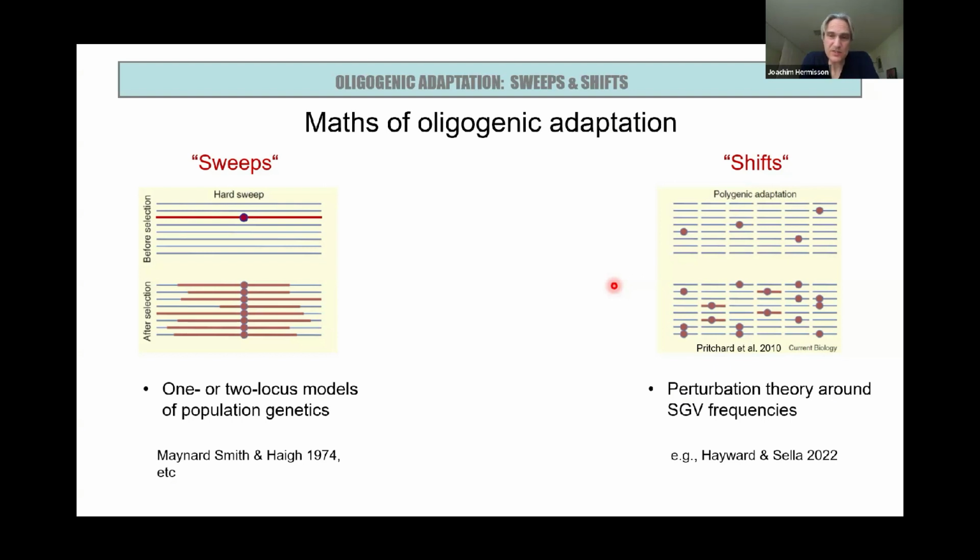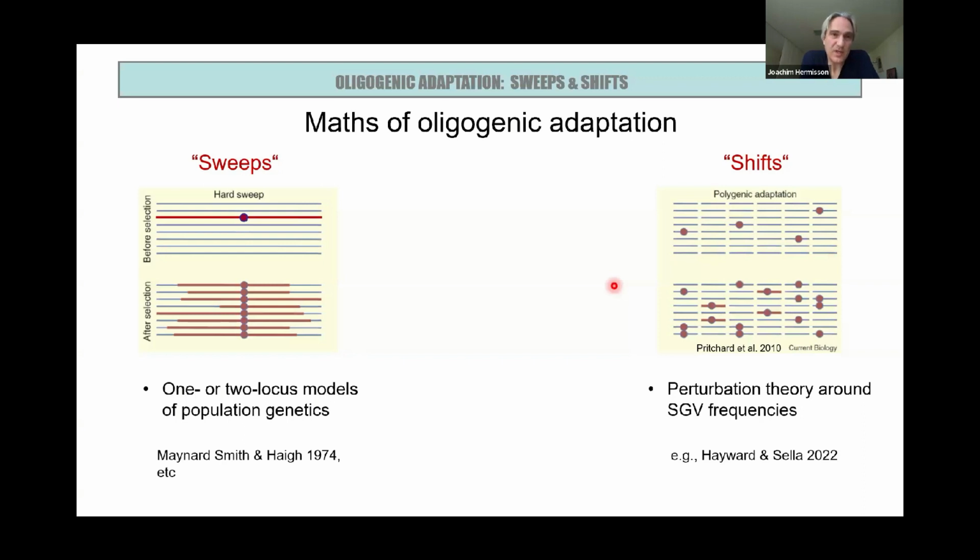And there is also a lot of theory connecting phenotypic changes to the underlying genetics. In this case, because small shifts are small shifts, the obvious way to approach this is perturbation theory. So you have some standing genetic variation to start with.